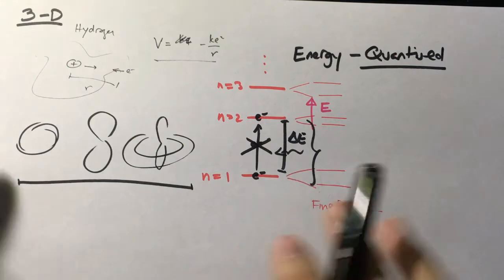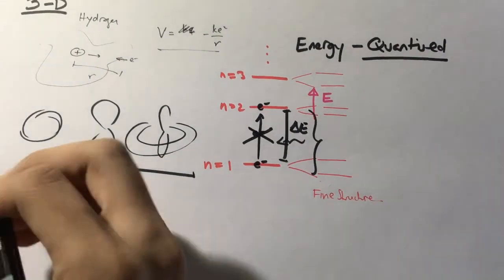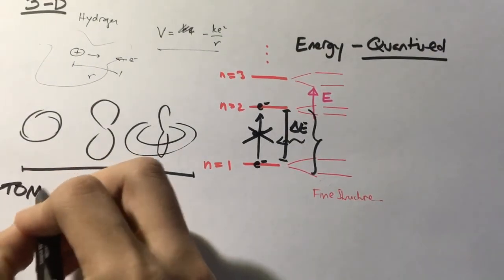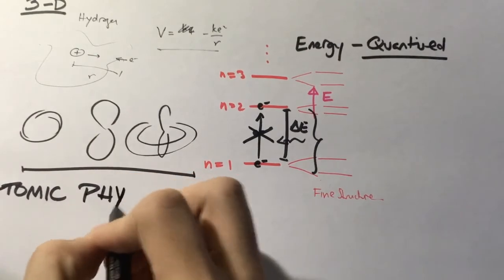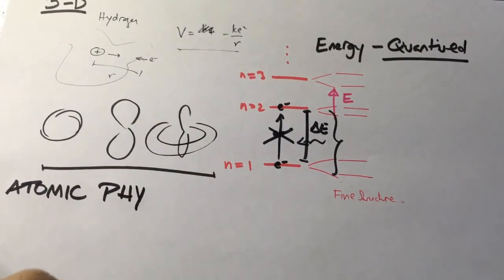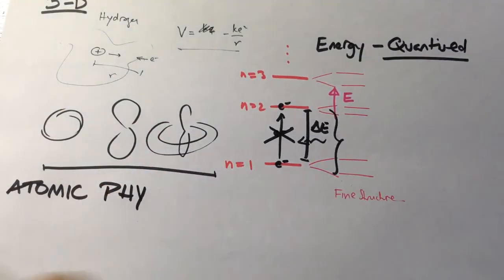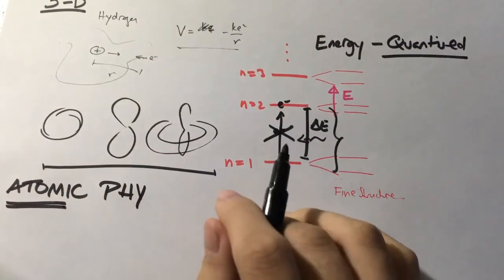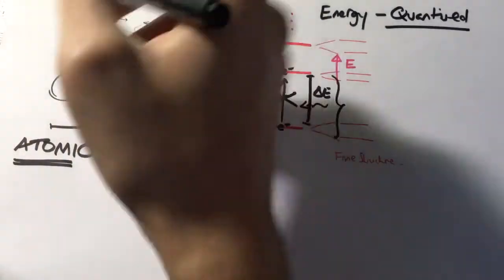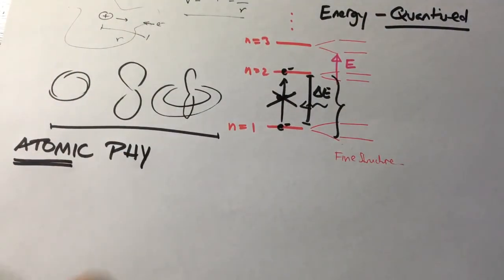And that leaves one more thing that I haven't described, and that is atomic physics. Atomic physics tries to go even deeper, because atomic physics talks about atoms, right? But we don't just talk about hydrogen atoms, we talk about more complicated atoms as well.